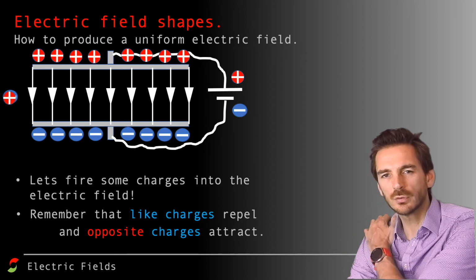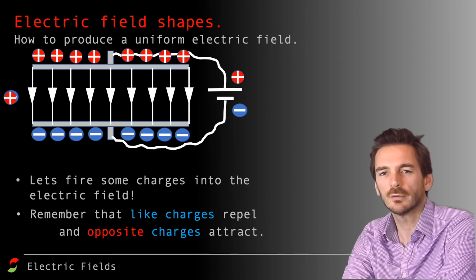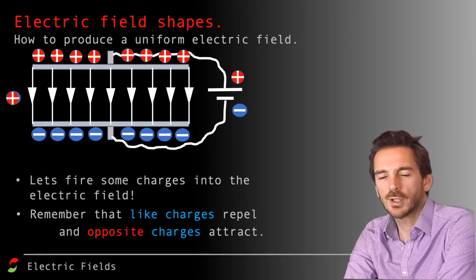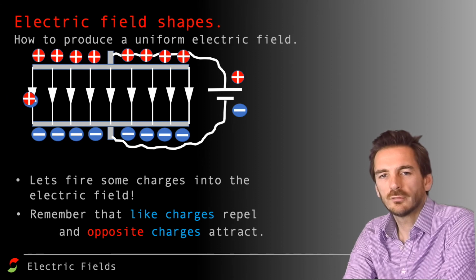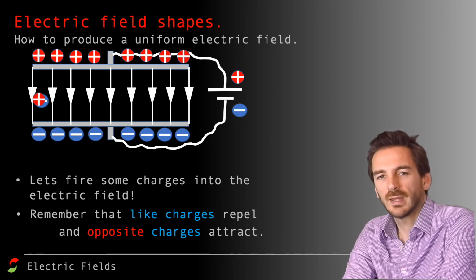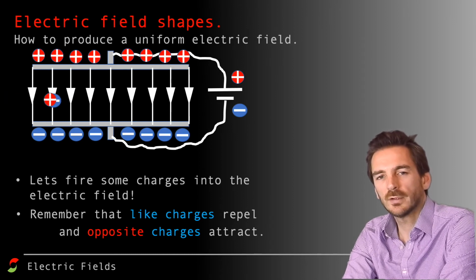Now, if we were to fire some charged particles into that electric field, this is how they would move, as best as I could animate them. If there was a mixture of charges, the negative charges would move up in that downward electric field, and the positive charges would move down along in the same direction as that electric field, which makes sense because the upper plate is positively charged.